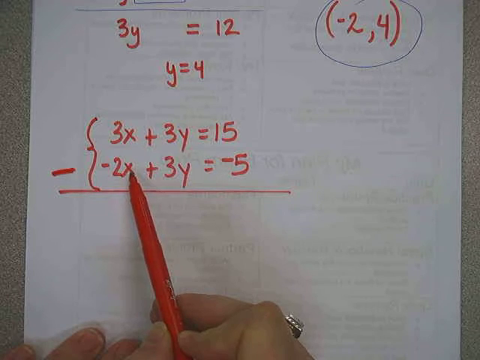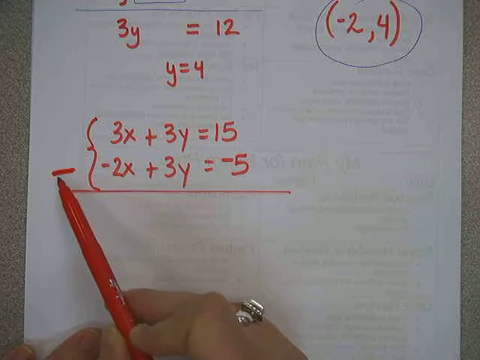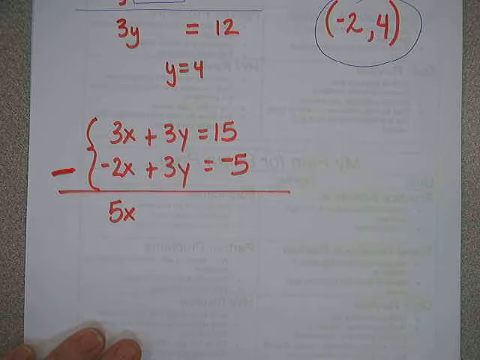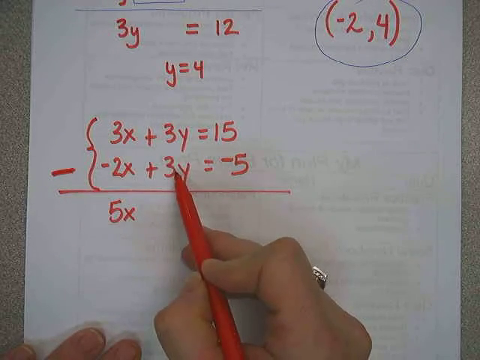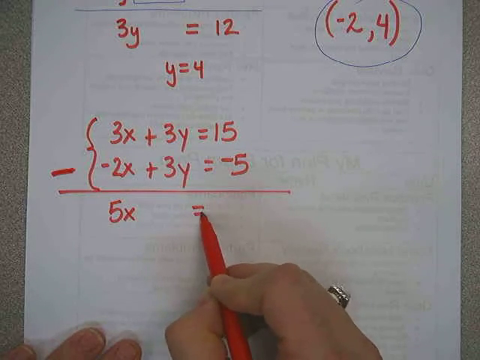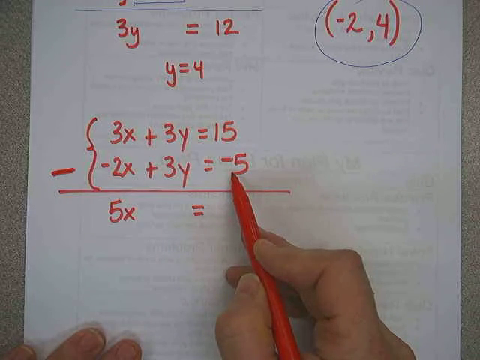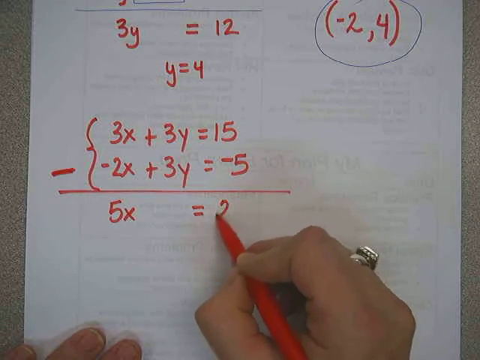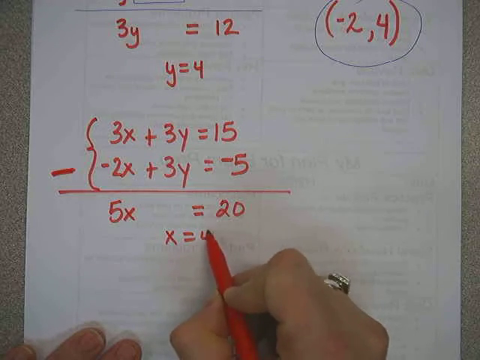So watch carefully. You have to do 3x minus a negative 2x. Well, remember, when you subtract a negative, that's really going to become adding a positive 2x. So 3x plus 2x is 5x. 3y minus 3y is 0y. And 15 minus negative 5. So we're subtracting a negative 5, so that's the same as adding 5.